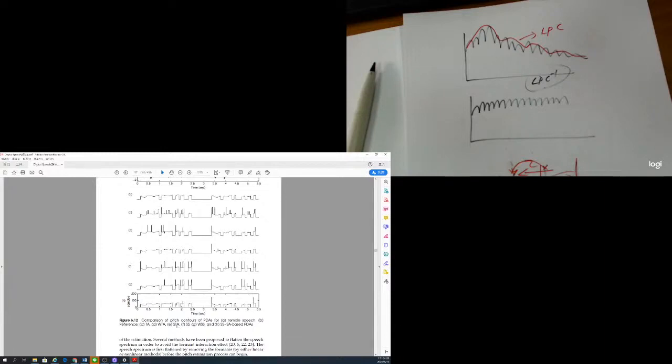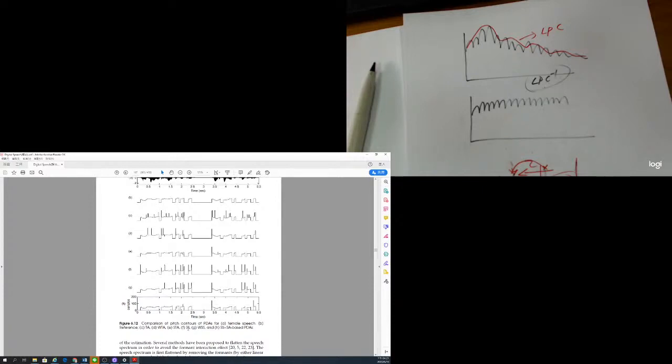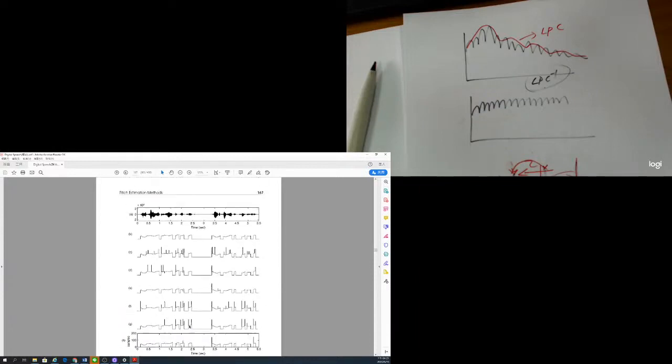E is a spectrum temporal autocorrelation. F is a synthetic spectrum and spectrum autocorrelation method. Another one is WSS, which is the spectrum synthesis spectrum autocorrelation method. Another one is WTA.